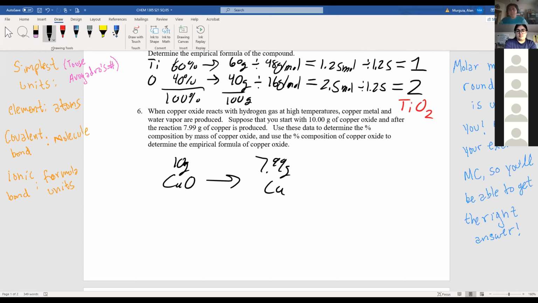So remember that in a reaction, it's balanced. So the mass of your reactants has to equal the mass of your products. So if we see that 7.99 grams of copper is made from this 10 grams of copper oxide, what do you think we can do here? We can take a percentage out of this.